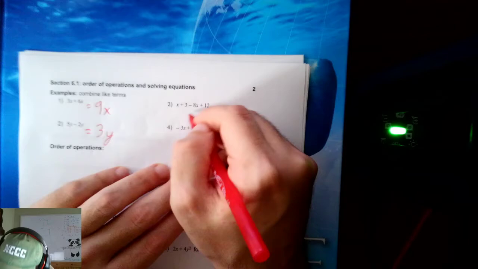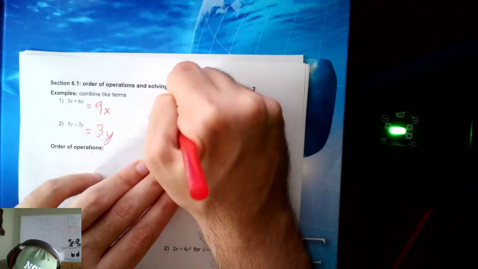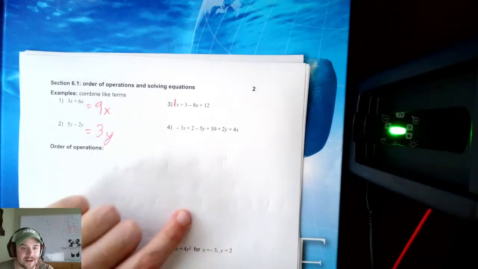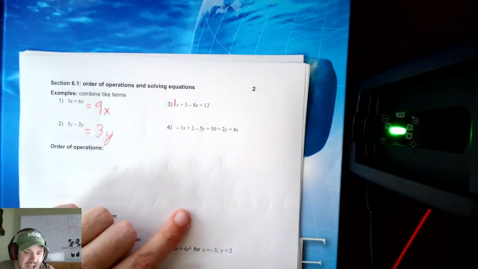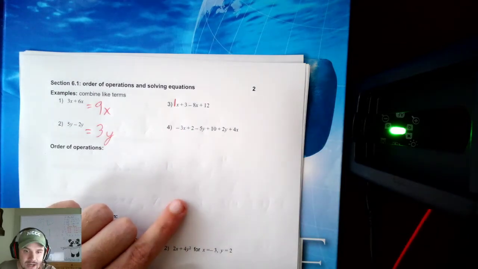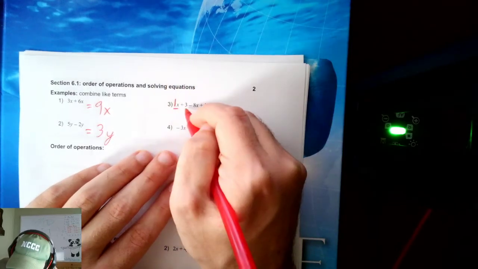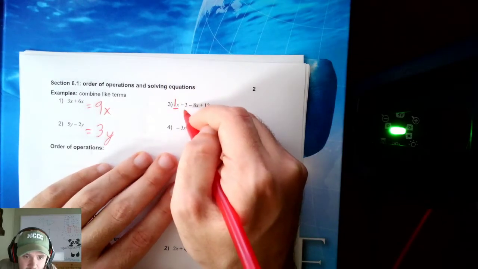In our third example, first, I see an x all alone. Remember, there's a hidden 1 out in front of a variable whenever it is not written. You can always assume there's a hidden 1. A single x is the same as 1x, right? Now, I have 1x plus 3. That is not a like term.